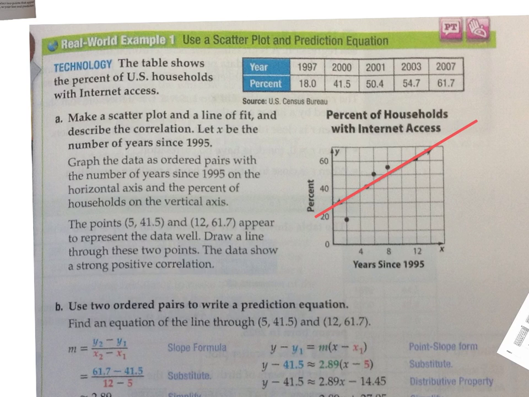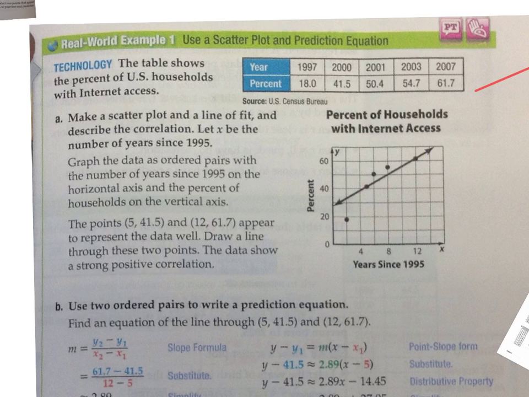Anyway, you could use the 2 points to draw your line, but you don't have to. So let's see how this actually works out. The way they did it in the book, they used the points 5 and 41.5, and the point 2 and 61.7.